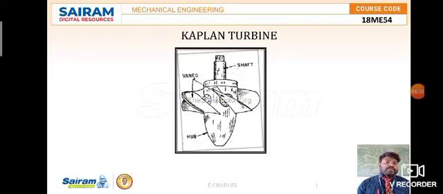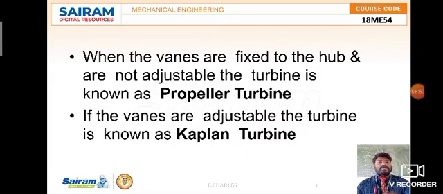Those blades are fixed on the hub or boss, and that will be rotating in the Kaplan turbine. Since it has the propeller shape, it is called a propeller turbine. So two names are given to these axial flow turbines: one is the Kaplan turbine, and the next one is the propeller turbine.